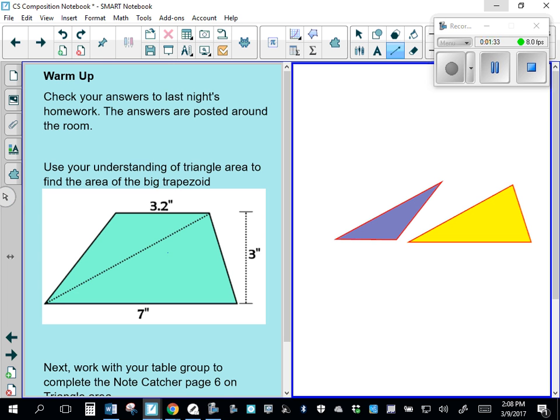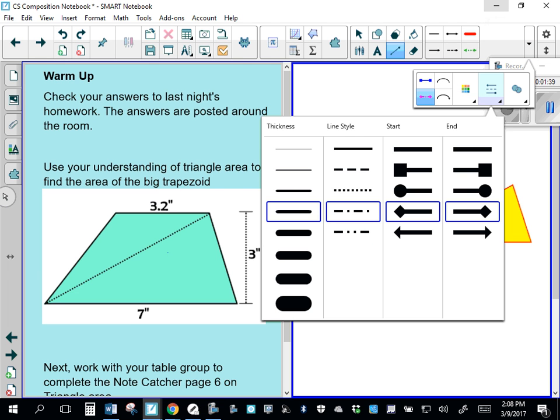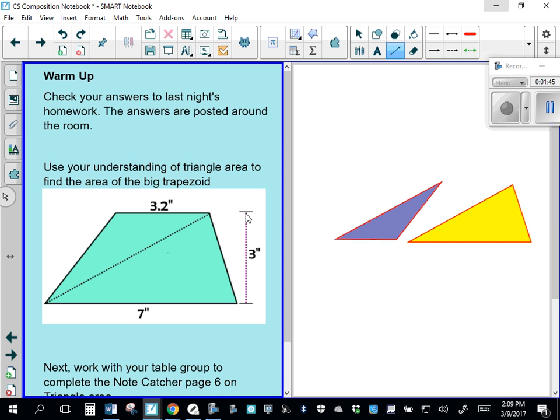I'm going to pick a little line tool here and make a little line over here. And you see this, the height of this original picture was 3. So it could be right here, right? It's the height of that yellow triangle.